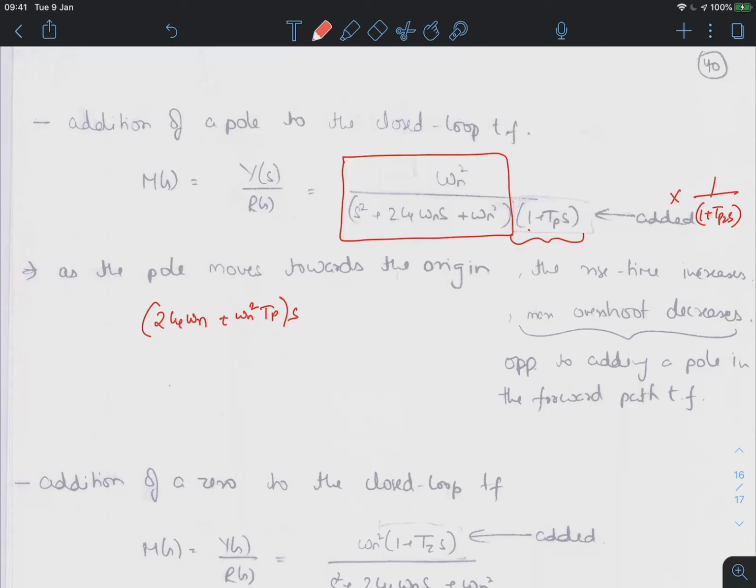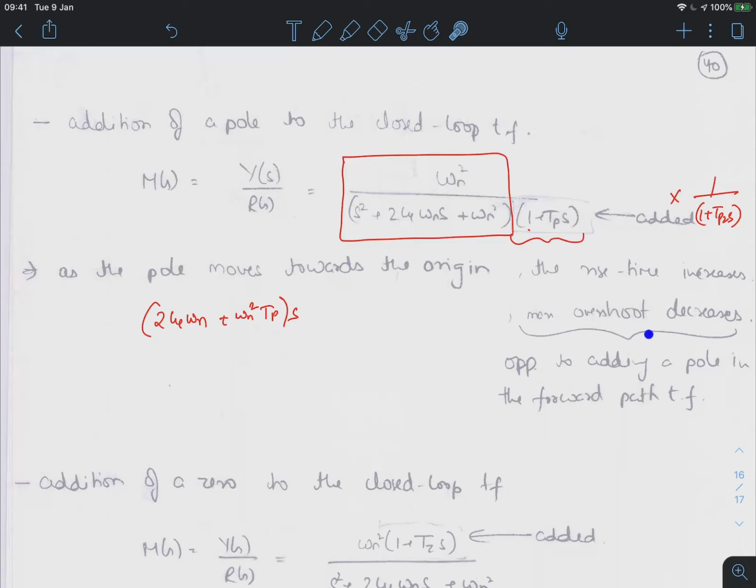So this is the damping term, or the coefficient of s. Here you notice that as the value of tp increases, the value of xi actually increases, and with the increase of the damping ratio or the damping of the system, we had seen earlier that the overshoot will decrease. The system would become overdamped.